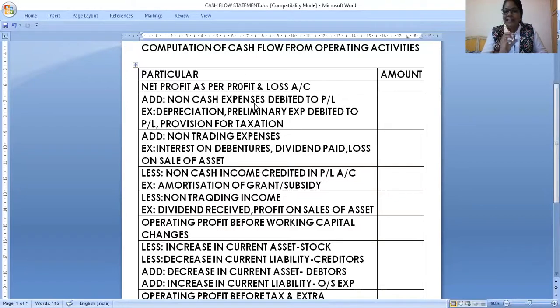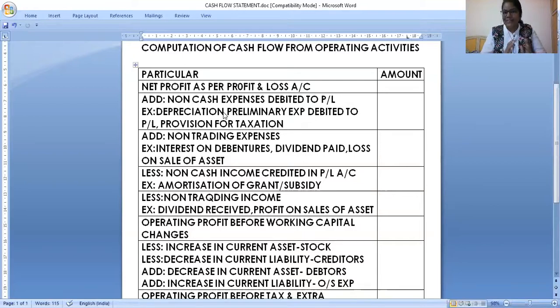So if my net profit is 50 and I have debited depreciation 10, but no money has gone out, can I add back the depreciation, remove that expense? If I remove the expense, what will be the impact on profit? Profit will increase.